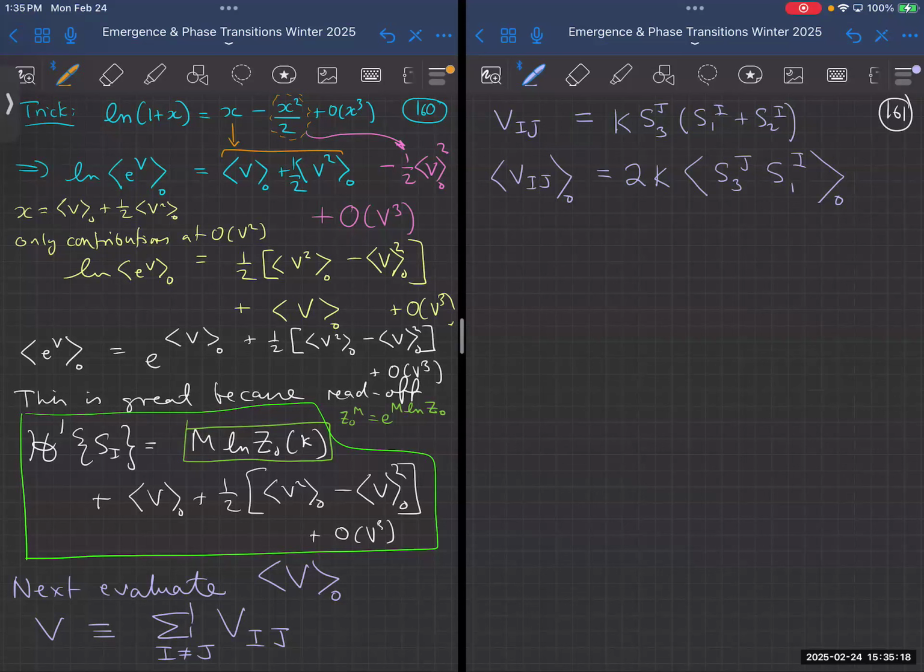Now, you may say, well, this is ridiculous, because in fact we know that H naught does not couple blocks.